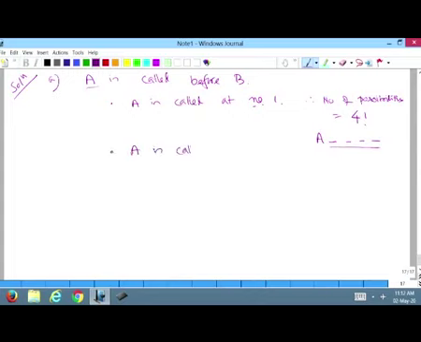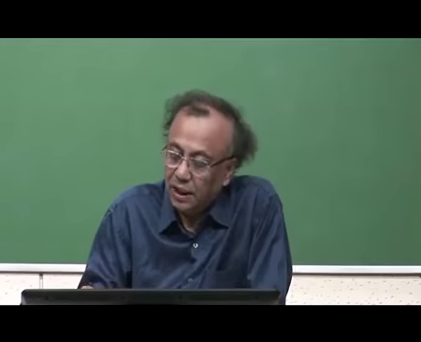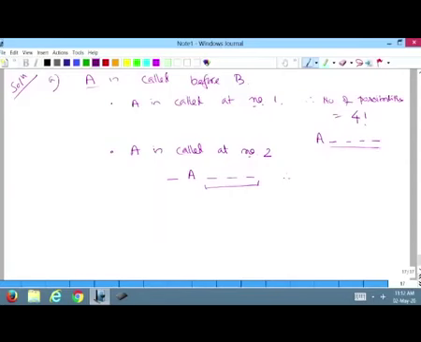A is called at number 2. Therefore, B has to come in one of these positions. Therefore, out of C, D, E, one is chosen and put here.